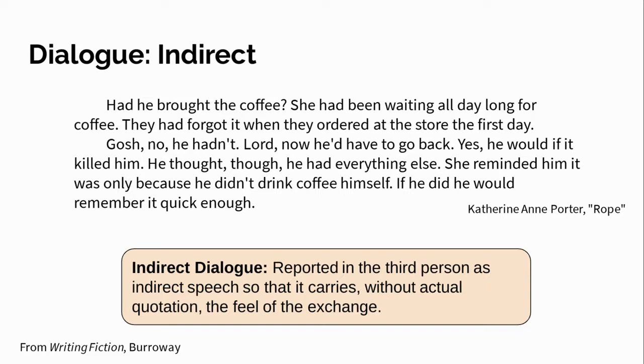Note how there's no actual quotation marks, although if you wanted a direct quote slipped in there because it was such a jarring quote that the narrator would remember it, then you could do that. But indirect dialogue is when a character tells the reader about what was said, not necessarily exactly what was said with quotes.